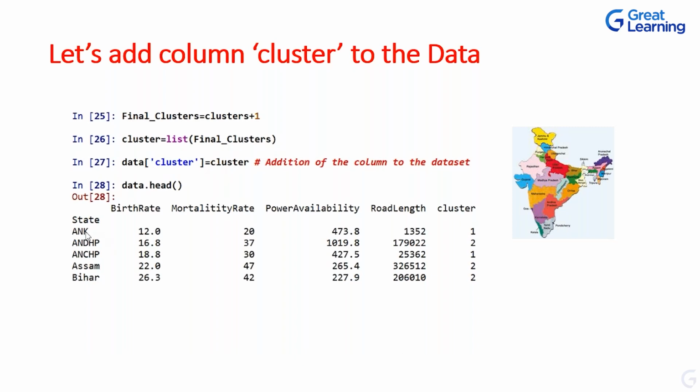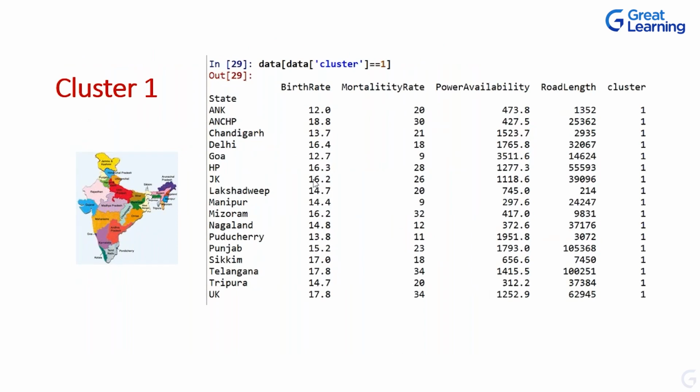So Andaman and Nicobar gone to cluster 1, Andhra Pradesh gone to 2, likewise. So cluster 1, these are somewhere around, I believe, 18 or 20 states. So these are 18 states.